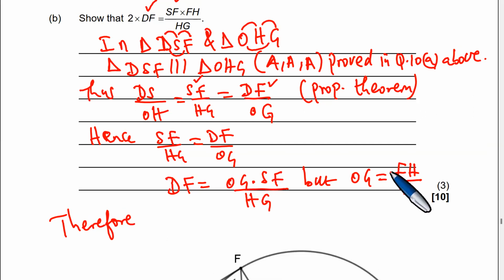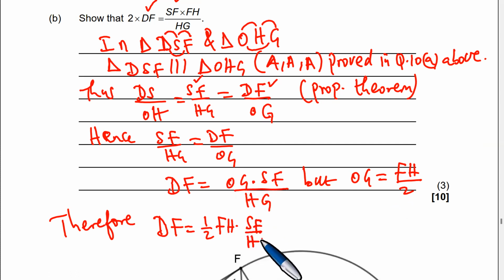Which means here we're going to write DF is equal to, what is OG? In the place of OG, you put half FH, but there is SF over HG. Right, and then you cross multiply this.